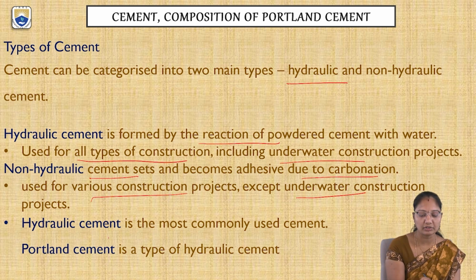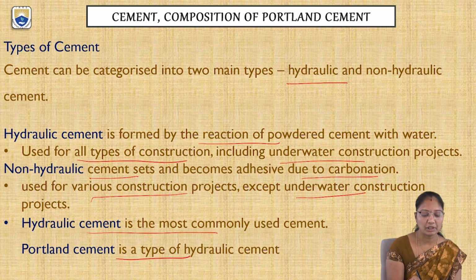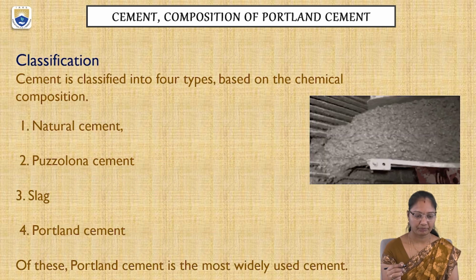So hydraulic cement is the most commonly used cement for the construction of buildings, highways, roads, dams, etc. Portland cement is a type of hydraulic cement, and we are going to discuss it in detail today. It can be used even for underwater construction.